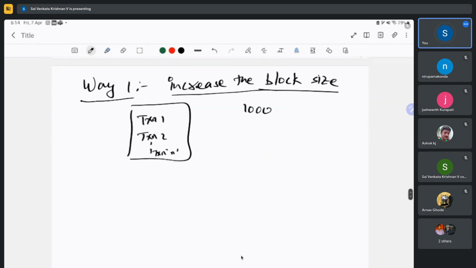If I increase the block size, we can easily include more transactions in a single block, and since we are including more transactions in a single block, the number of transactions confirmed per second will also increase. It will be more than 10 transactions per second.